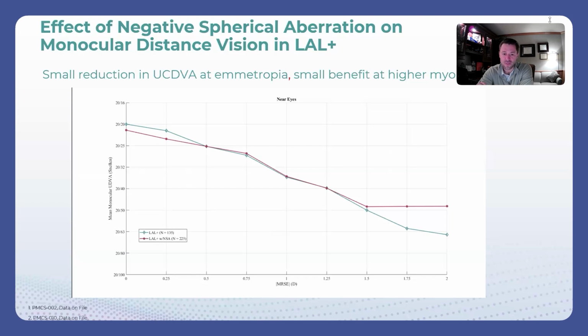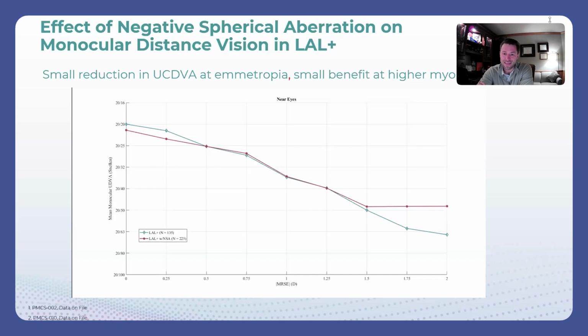But what this shows is that even when we did have the option, this is the LAL plus without the optional add and the LAL plus with the optional add, there was really not much of a change. Maybe a small reduction, so let's say you had a plano set eye, but you induced the negative spherical aberration as an option. You may give up a letter or two, which is not much, but it is something.